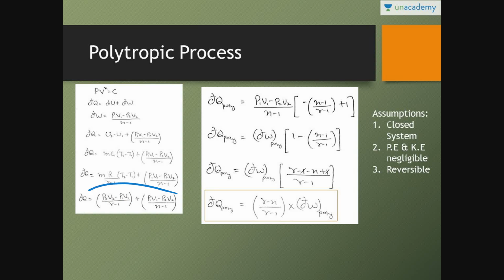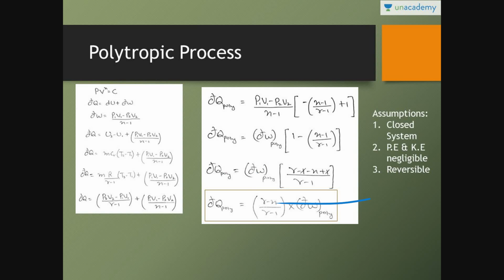So dq is equal to (P2V2 minus P1V1) upon (gamma minus 1) plus (P1V1 minus P2V2) upon (n minus 1). Taking out (P1V1 minus P2V2) upon (n minus 1), it is minus (n minus 1) upon (gamma minus 1) plus 1. So (P1V1 minus P2V2) upon (n minus 1) is equal to the work transfer in polytropic. It is 1 minus (n minus 1) upon (gamma minus 1). So heat transfer in a polytropic process is equal to work transfer in the polytropic process times this factor.